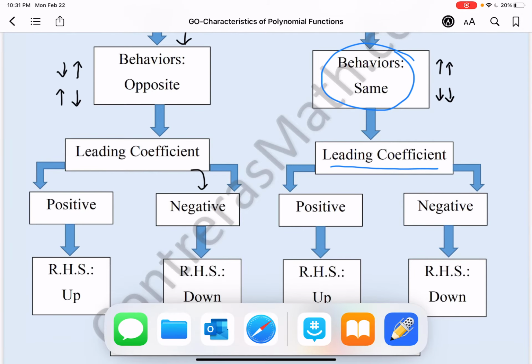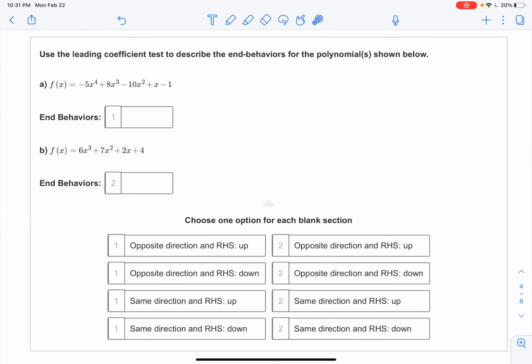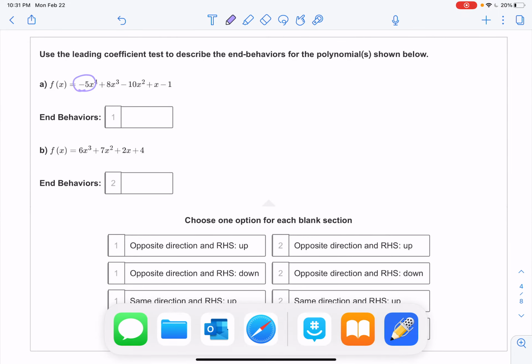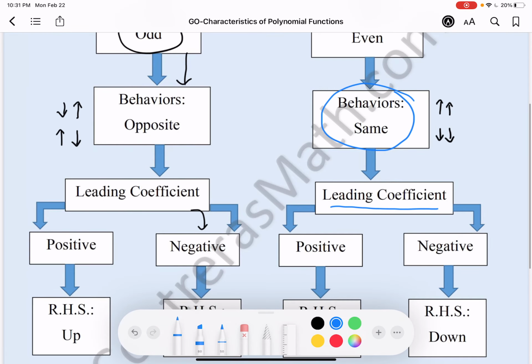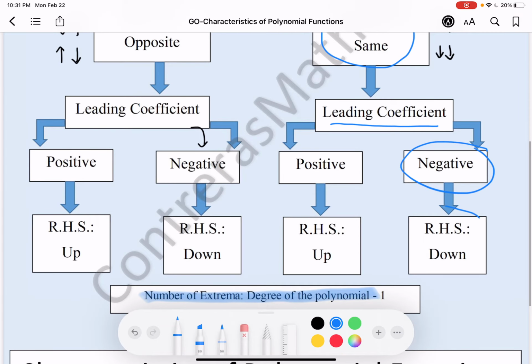So this one, let's see, over here is negative. Okay, the leading coefficient. So if it's negative, it's going to go here. That means the right-hand side is facing down, okay?